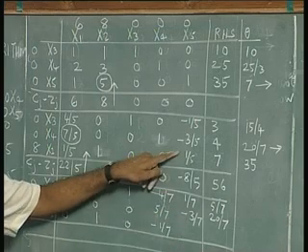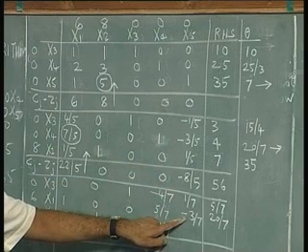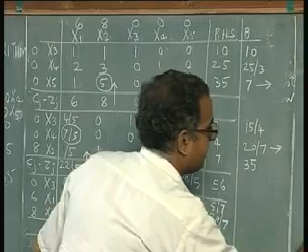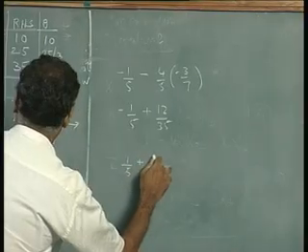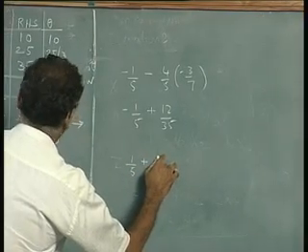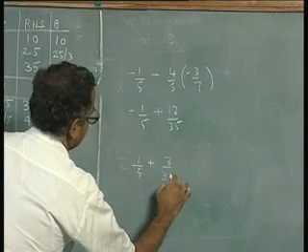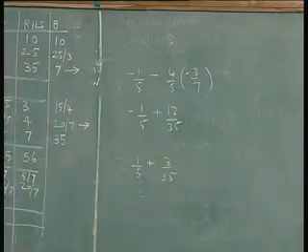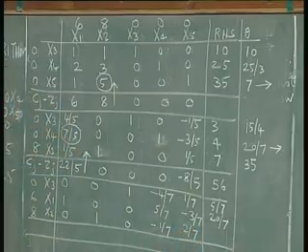So 1 by 5 plus 1 by 5 into 3 by 7 is 3 by 35. So it is 10 by 35, which is 2 by 7.